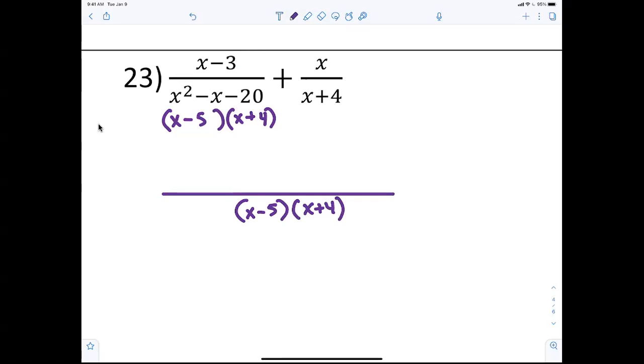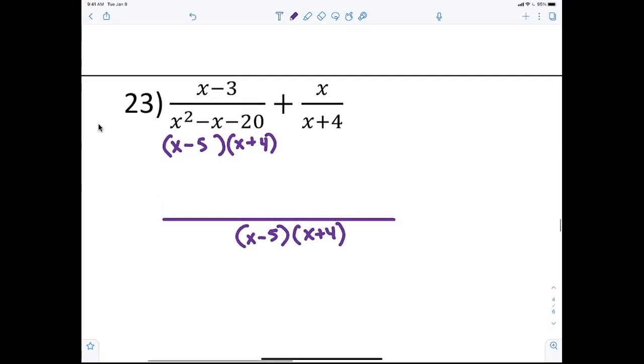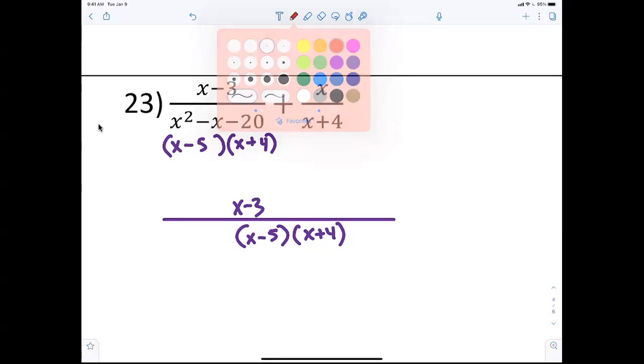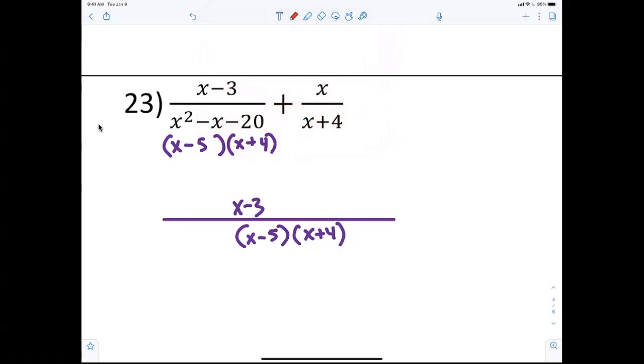All right, so what am I missing? You're not missing anything on the left. That's perfect. So the left numerator stays exactly the way it is. You're missing x minus 3 on the other side. Looking at the second fraction, it's missing what? X minus 5. So I just put an x minus 5 in the numerator. That's how you do fractions.